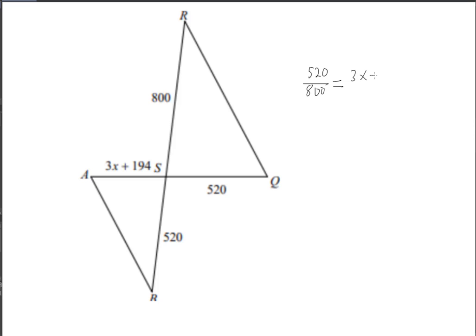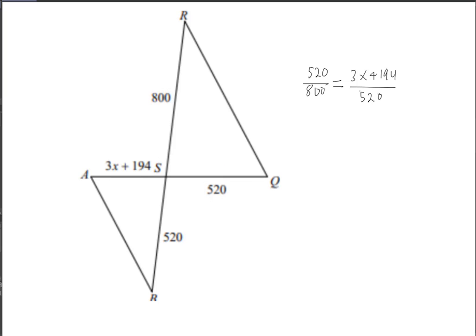So 3x plus 194 is to 520. And that just happened to be 520 because both of these were 520, okay? So this one is to this one what this one is to this one, okay? So that's how we did that, all right?